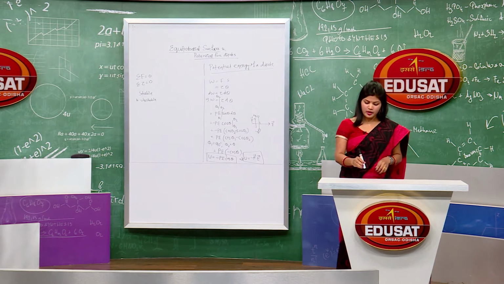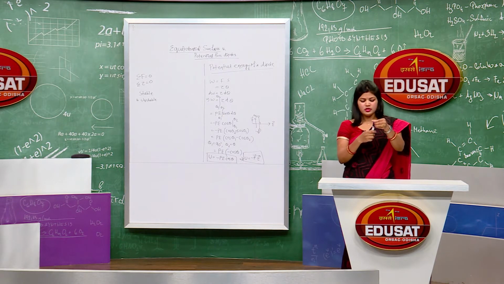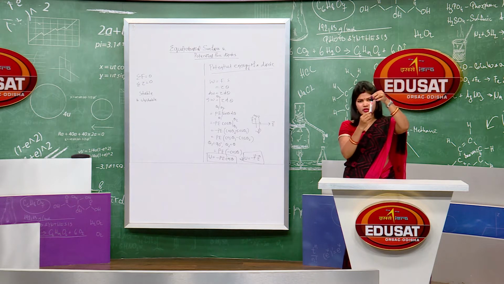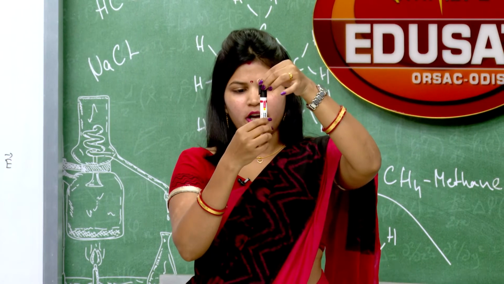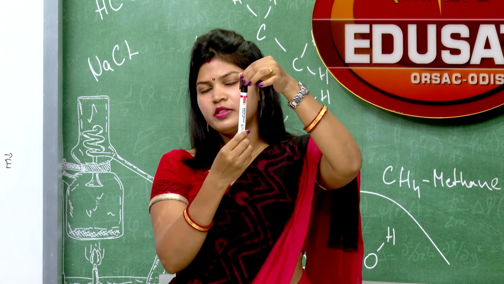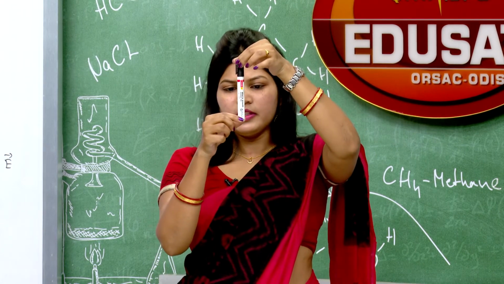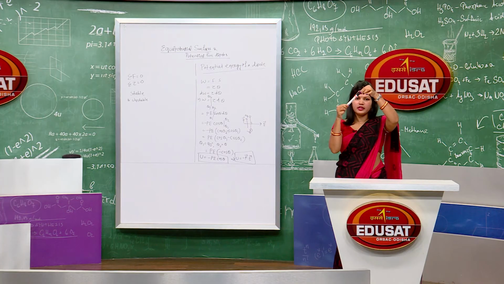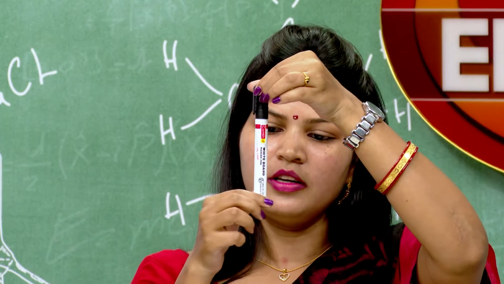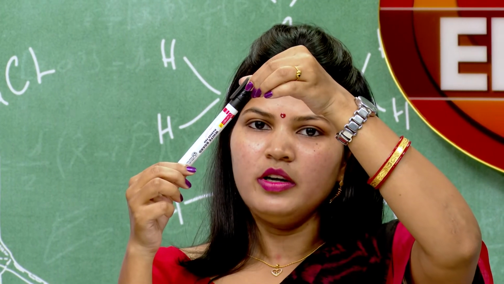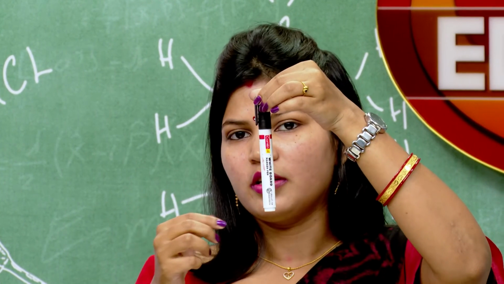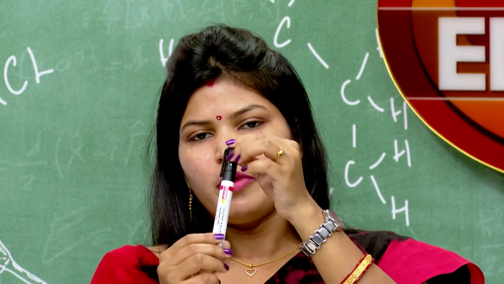For example, I am showing here, suppose this is a marker and it is in a hanging state. If I disturb it a little, the marker will return to its original position again. When I disturb it a little, it comes back to its original position, so the marker is in stable equilibrium.